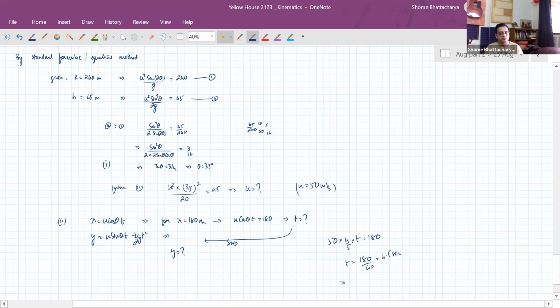So doing all that calculation, you can immediately see the advantage of using the equation of trajectory method in a situation like this.